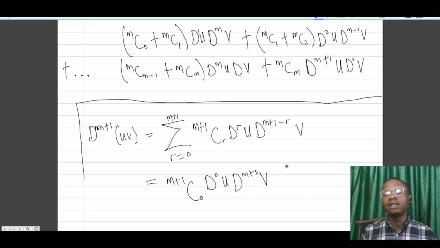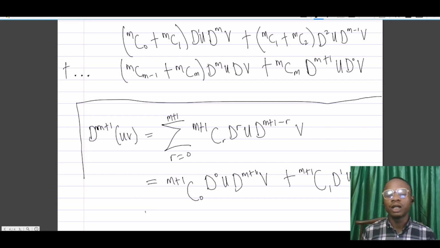Okay, and then the next term, when we take r to be 1, we're going to have (m+1) combination r, where r was 0 for the first term, this is now 1, so this will be 1. Then we have the 1 of u, then (m+1) minus 1, that is m of v.